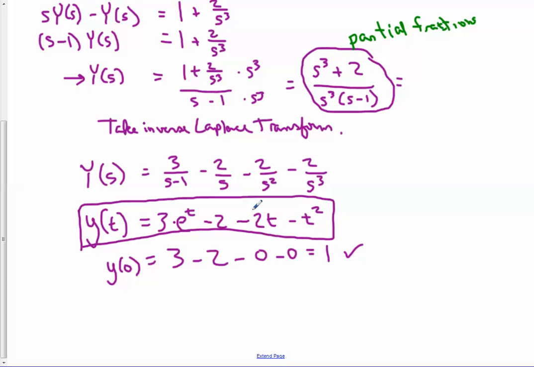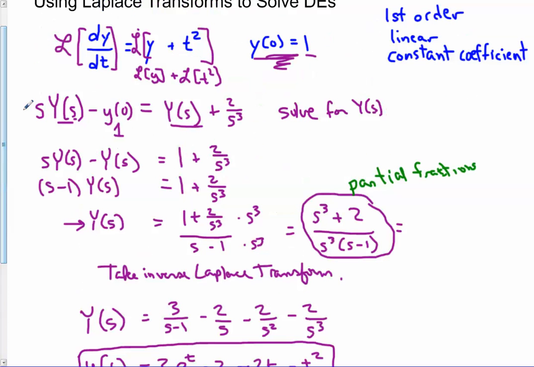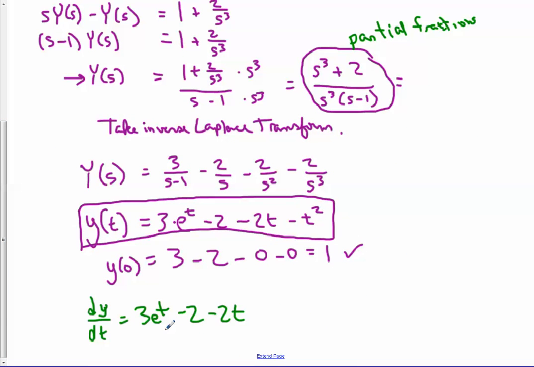That part's a check. And actually, this one, it's first order, so it won't take long. The derivative of our function would just be 3e to the t, derivative of 2 is 0, minus 2 minus 2t. And so the question is, do we satisfy dy/dt equals y plus t squared? So here's dy/dt. What's y plus t squared?